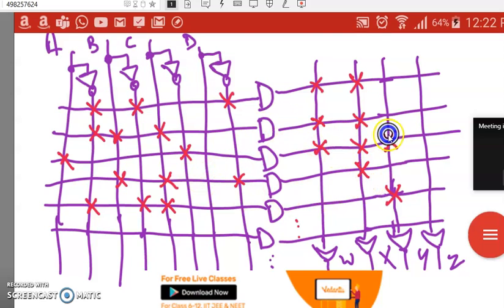Here you may feel it's very easy, you can just put a cross mark. But you have to look at whether any terms are repeated in any of the functions, and look into all those things. With respect to that, it is a little complex.